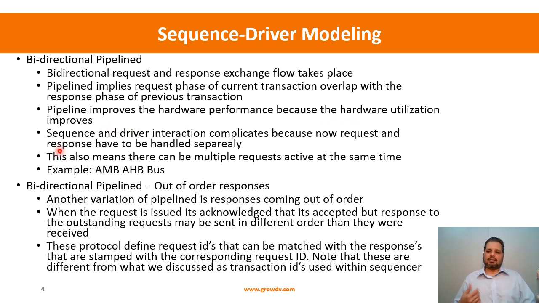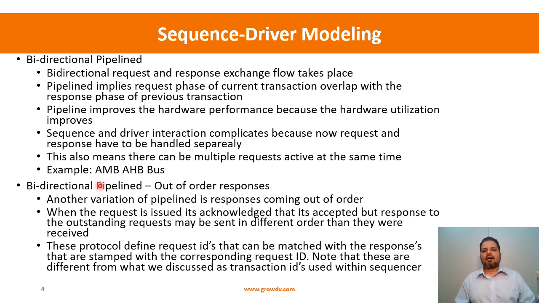But this overall process leads to some complications because now request and response have to be handled separately, right? It's not that we can send one request, wait for the response, and only then initiate another request. We are sending the requests uninterrupted, and the response is coming in separately. We can't wait for one request to complete and then send the next request. That changes how to use the APIs that are provided.